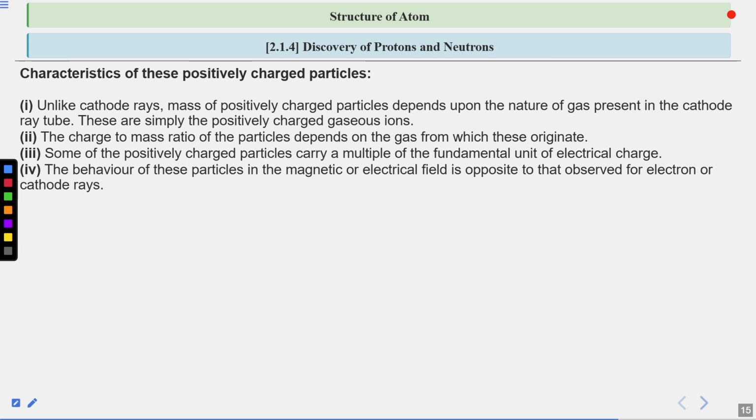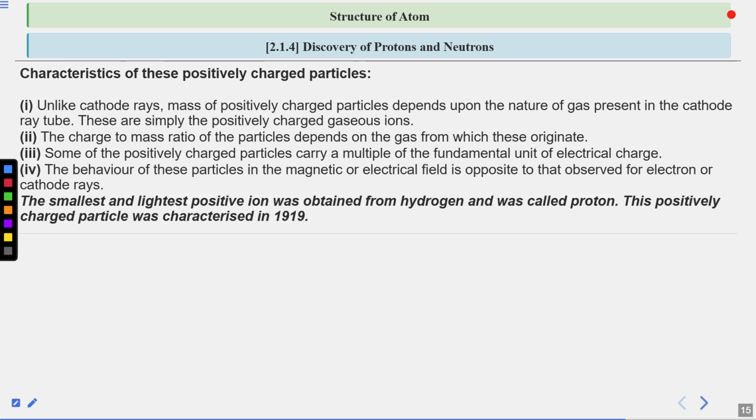Its behavior is just opposite compared to the cathode ray. So we can say that the smallest, lightest positive ion that was obtained from hydrogen was called the proton. And this positive charge was characterized in 1919.